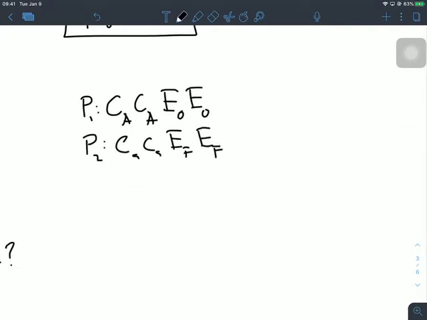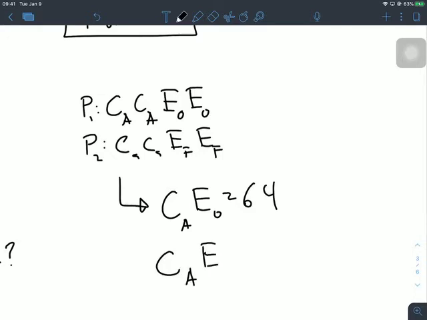Now, you are getting in the sperm counts CA, EO as 64. CA, EF as 30.